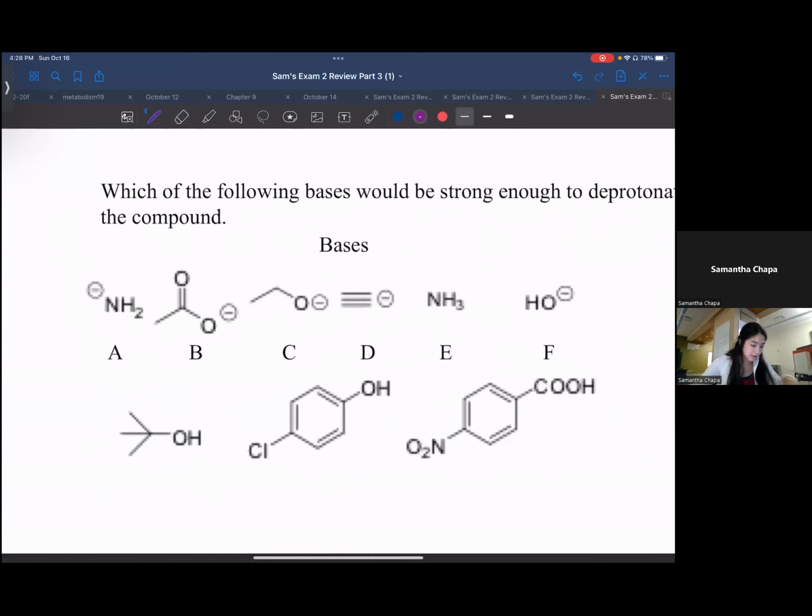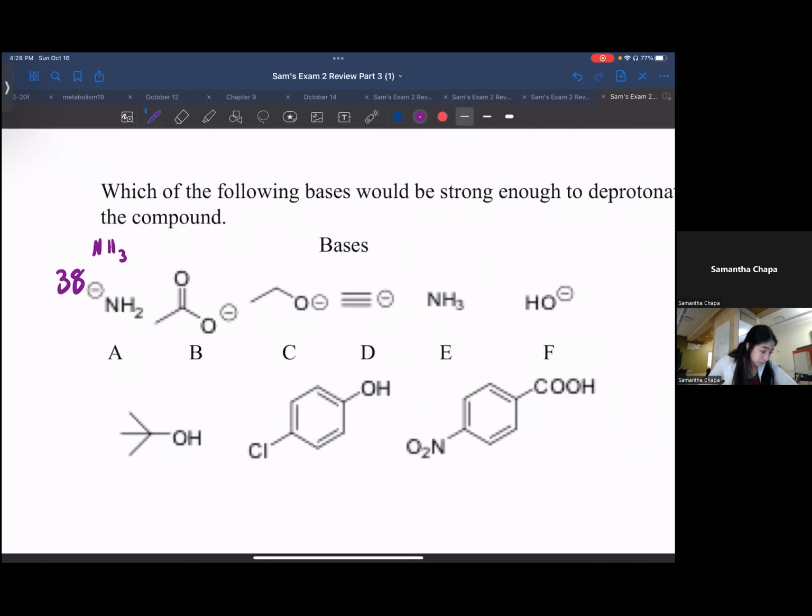And these are ones that you should obviously memorize for this upcoming test. Let me give you all the pKa's that I know. The first one, the conjugate acid of NH2 minus is NH3. The pKa of NH3 is 38.